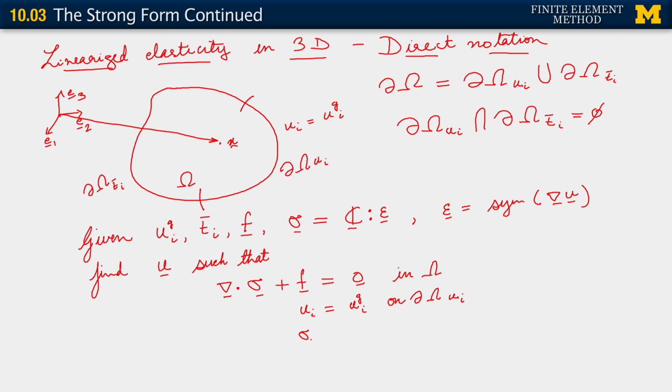For the traction condition, we can, however, write sigma n, which is a vector.